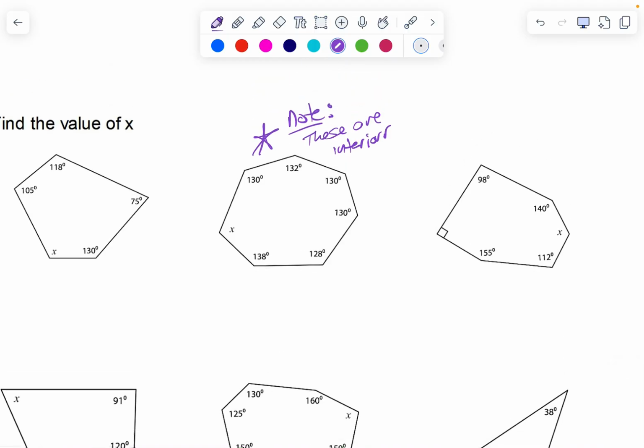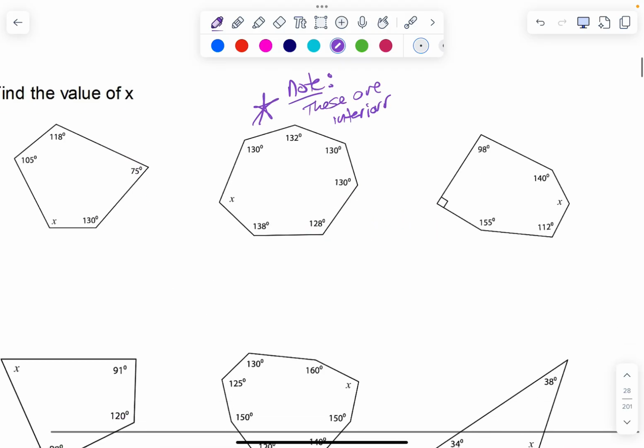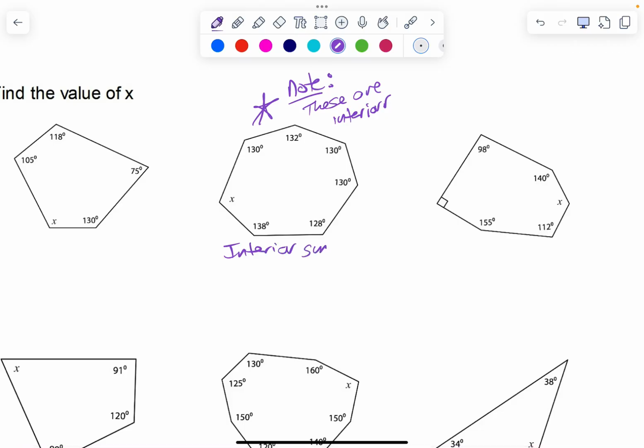Are we talking about finding each interior of a regular polygon? No. So in terms of formula, this is interior sum equals 180 times n minus 2. Okay. On the left side, we have all this junk that we have to deal with. So x plus, pick a starting point, and then just go around.